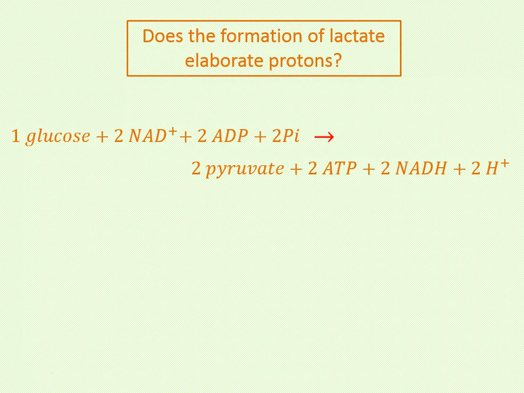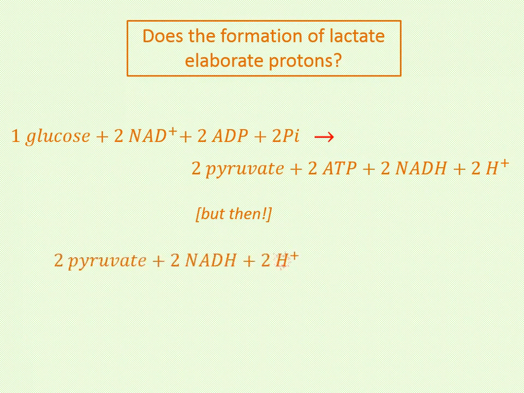From the 6-carbon glucose, you get 2 3-carbon pyruvates, you generate a net of 2 ATP, 2 NADH, and 2 protons. So that makes sense, right? You get pyruvic acid out of glycolysis.